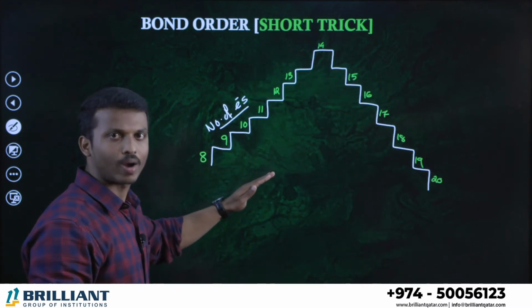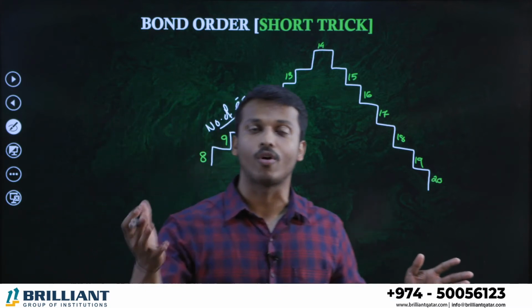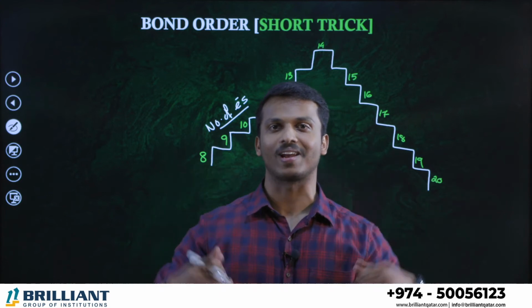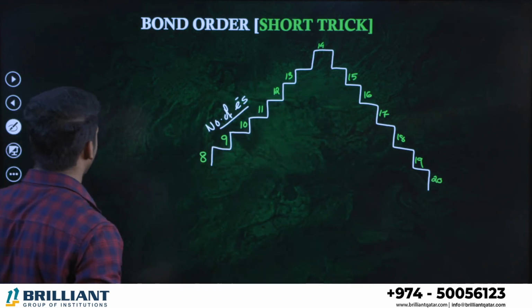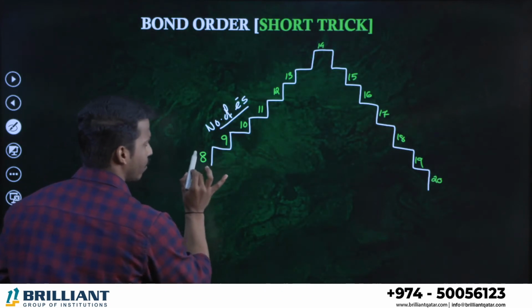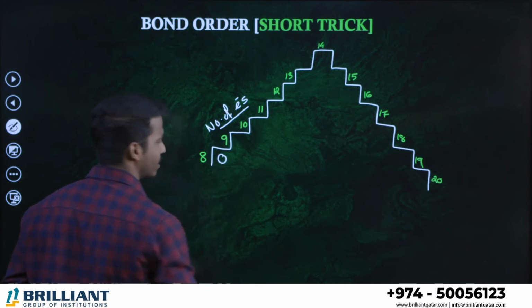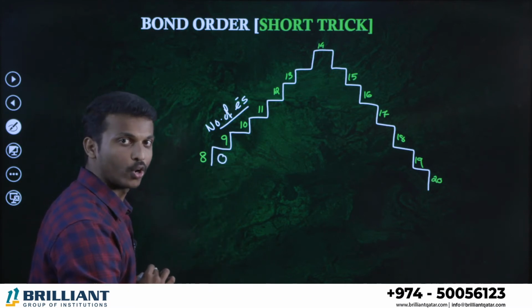Inside, I'm going to write the corresponding bond order. Without doing the calculation of half of NB minus NA, we can directly go with that. All of you listen carefully, what is the bond order in each case. Very simple. If 8 electrons are there, bond order is 0.